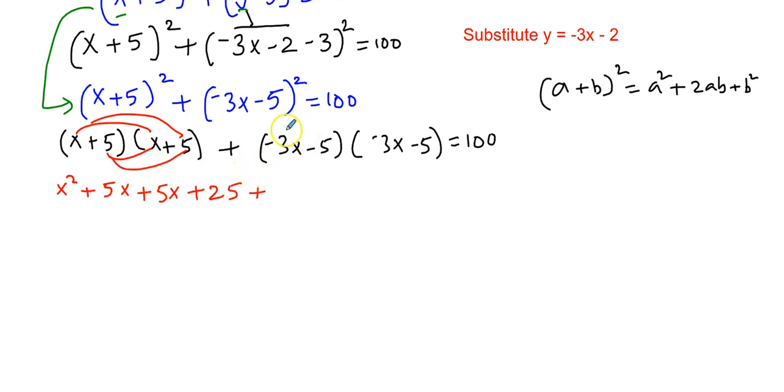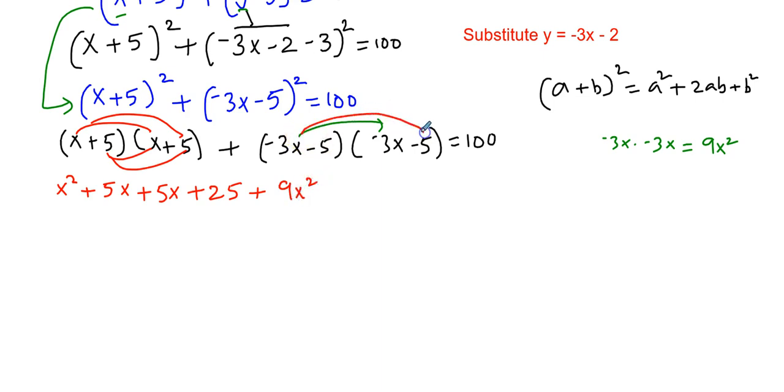And over here, this is negative 3x times negative 3x. Negative of negative gives you positive. 3 times 3 is 9, and x times x is x², so I'll write positive 9x².